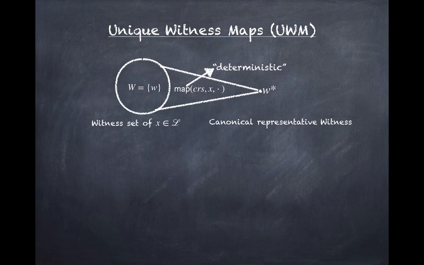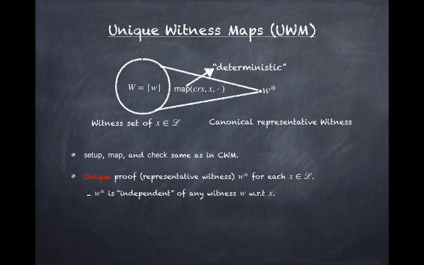Our second notion of witness map is a unique witness map, which is one extreme of compact witness map. Here, we want to deterministically map all possible witnesses for an NP statement X to a single representative witness, or a canonical representative witness, W star. So in particular, we have the setup, map, and check algorithms, which are the same as in a compact witness map.